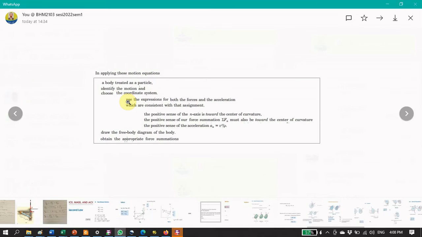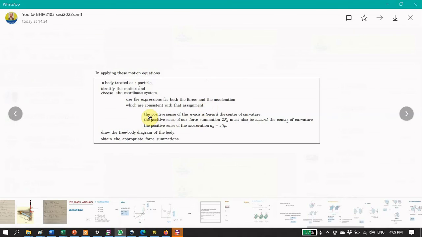After we identify the motion, you can then choose the most suitable coordinate system. And this one requires experience. If you do a lot of exercises, then you can naturally know what is the best coordinate system to solve that problem. This is very important because when we identify the coordinate system, we can provide the mathematical expression of force and acceleration which is consistent with the coordinate system that we use.